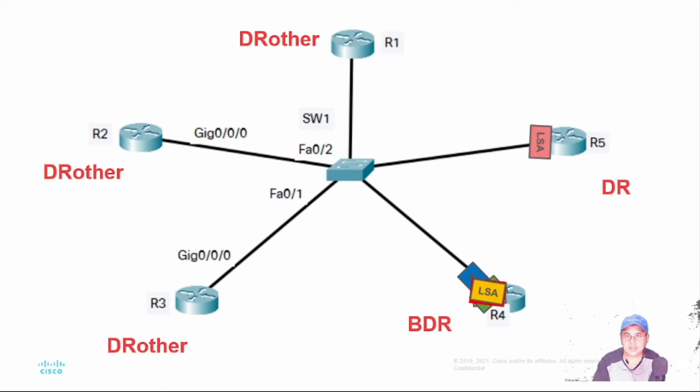All right, so that is why in multi-access networks, they developed a concept of electing a DR, or designated router, and a BDR, or backup designated router, just to solve the problem of LSA flooding in this multi-access network.